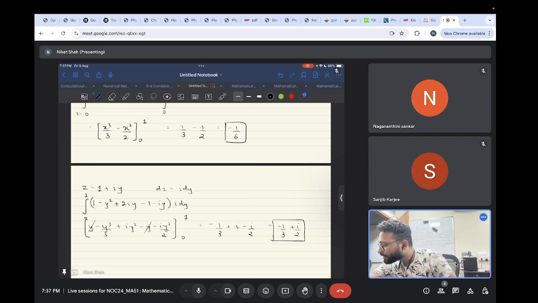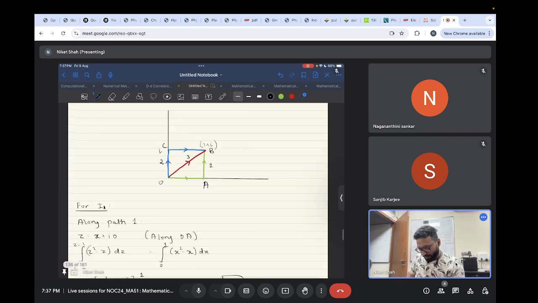So, all in all, along OA the integral is minus 1 by 6. Actually, it's not OA, it's along OAB.